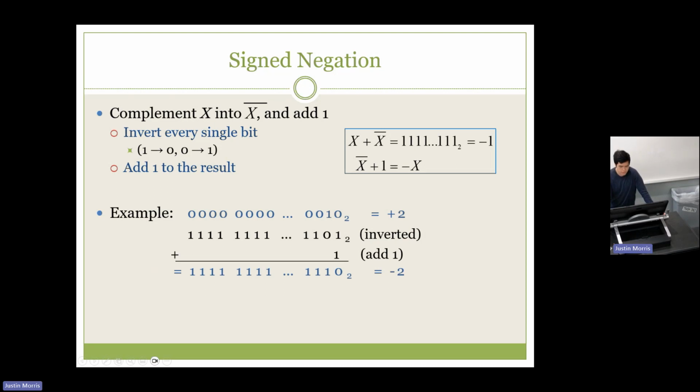So 1 plus 1 becomes 0, carry the 1, right? And then 1 plus 0, we just get 1, and then 1, 0, 1, 0. So this is now -2.